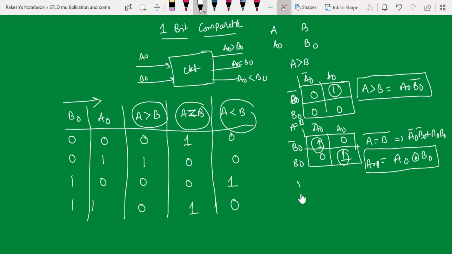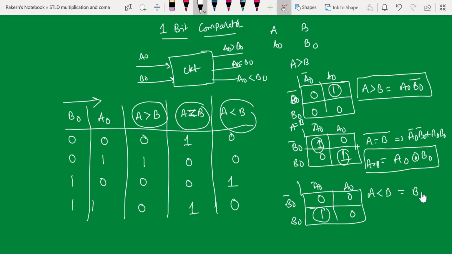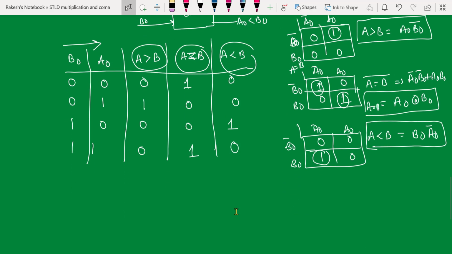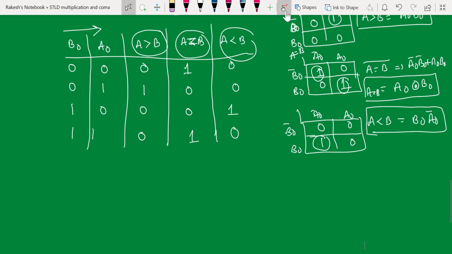Similarly, if I take for A less than B, 0 0 1 0. So in this case, if I write it for A less than B, you are having only an isolated one, that is nothing but B0 into A0 bar. So now you got the output expression for all the three conditions. I'm going to design my circuit by using your output.